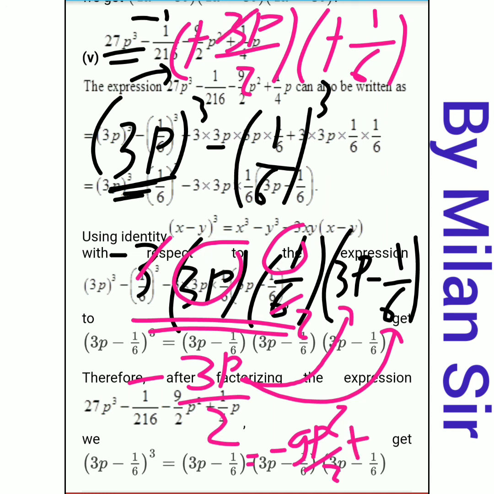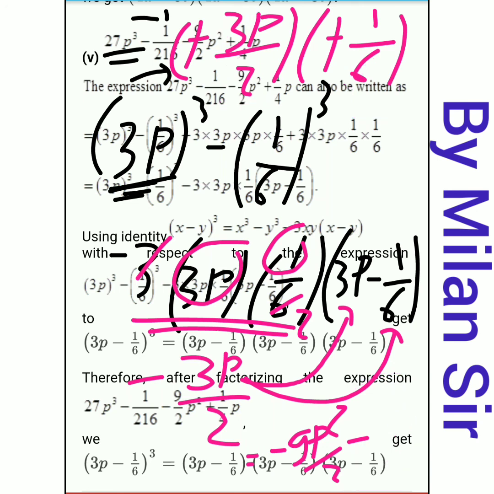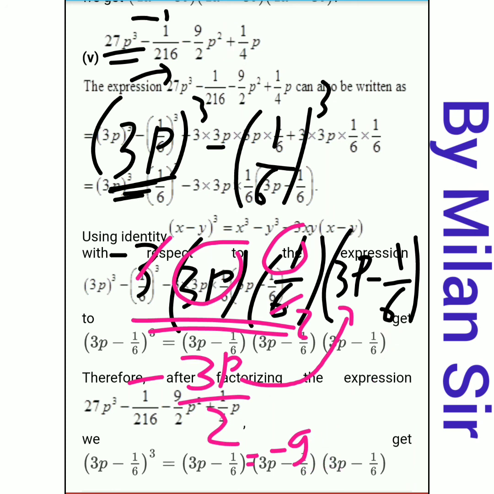Then we can cut this 3 to the 6. Now in the numerator we have only p, and in the denominator 2 to the 4. So this is our answer of this bracket, right? Minus 9p square by 2 plus p by 4, that we already have in the equation.